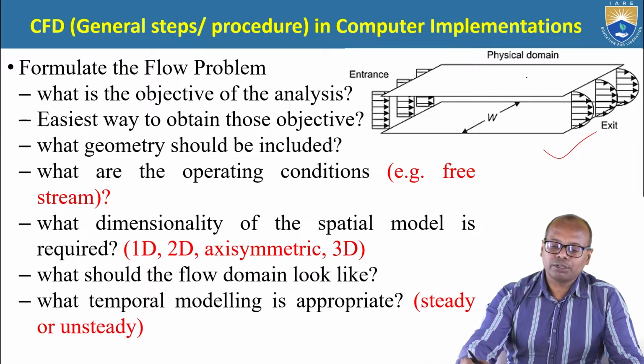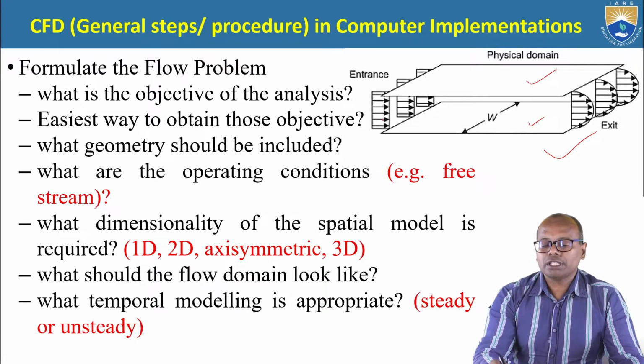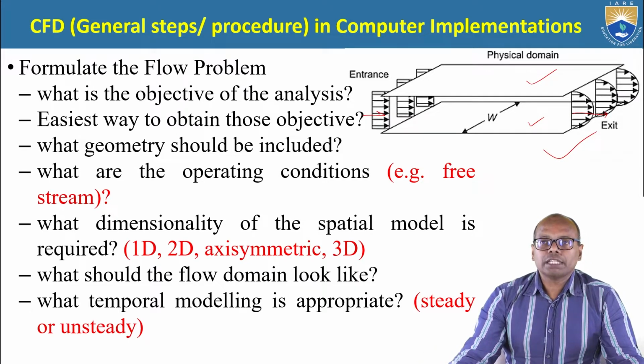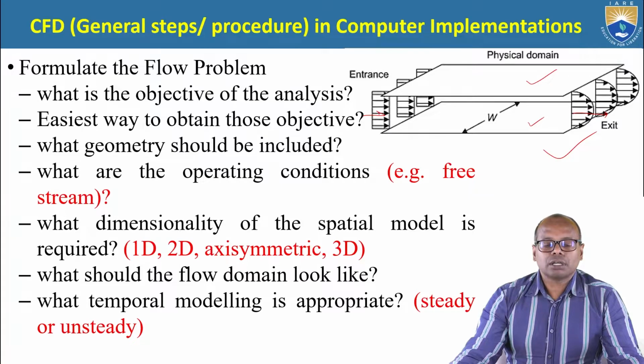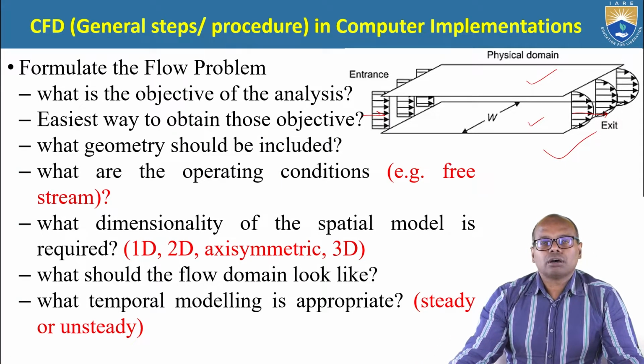This is one parallel plate and this is another parallel plate, and the flow is entering from this side and leaving from this side. Now we'll take this example and try to look into the general procedure and the steps that are followed in CFD commercial tools or any other.